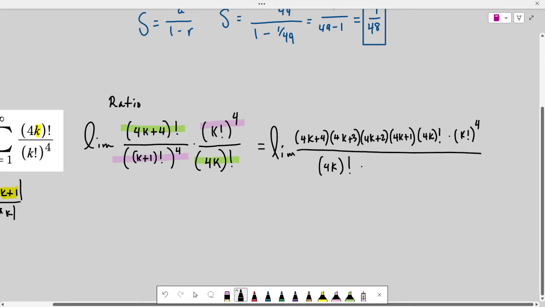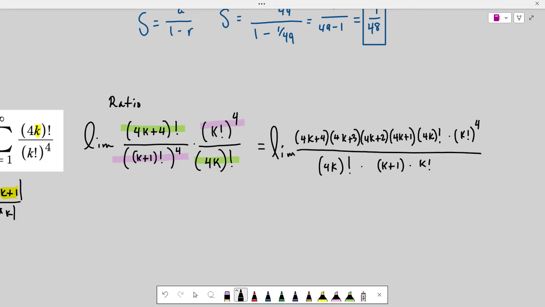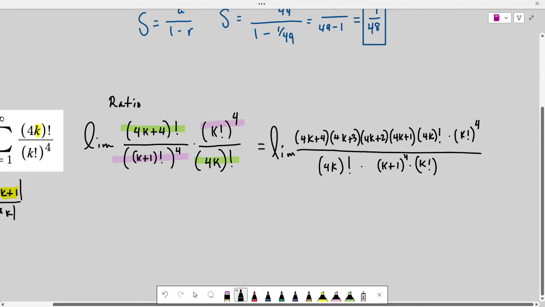And now that guy right there, k plus 1 factorial, that's k plus 1 times k factorial, correct? K plus 1 factorial, pull off a k plus 1, we have k factorial. We've got a power of 4, so that's going to put a power of 4 on the k factorial.